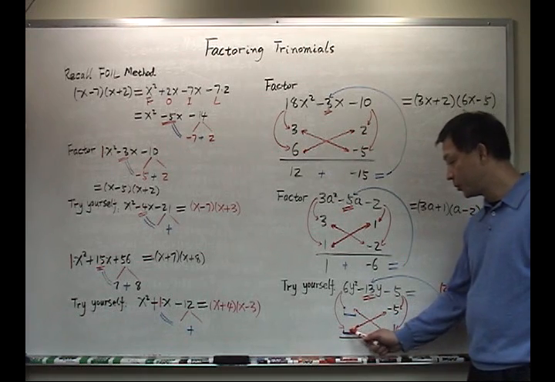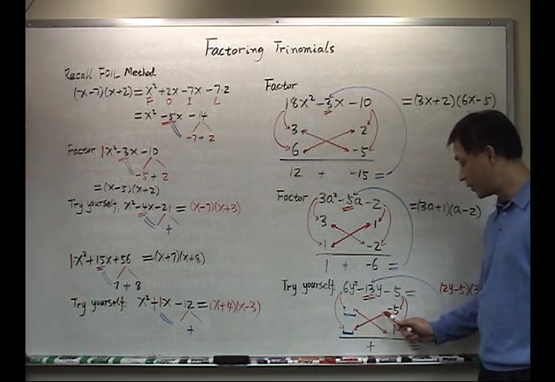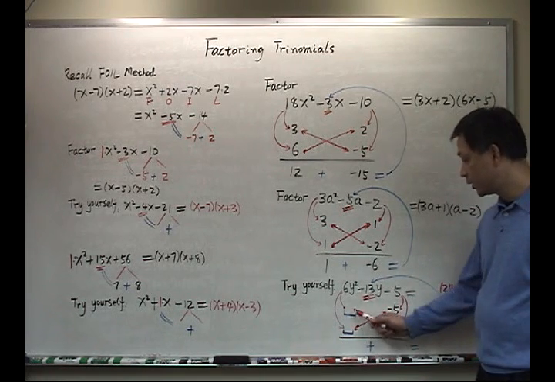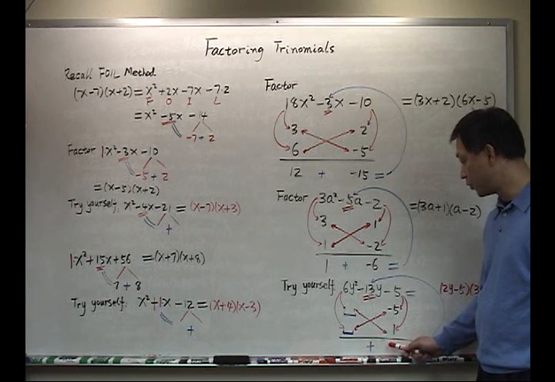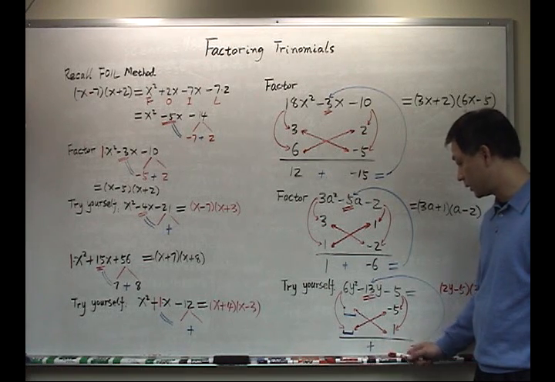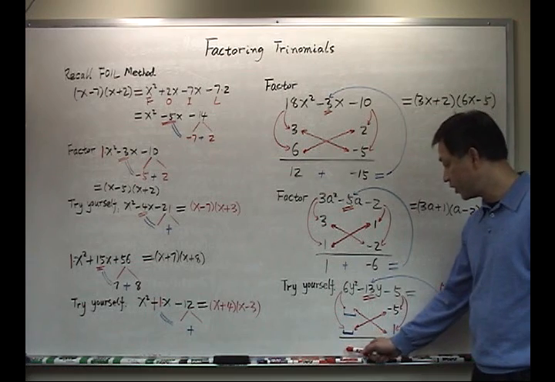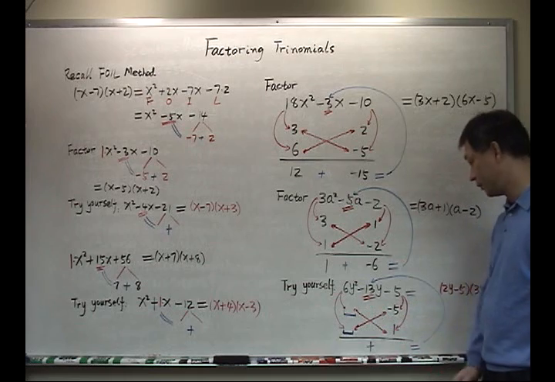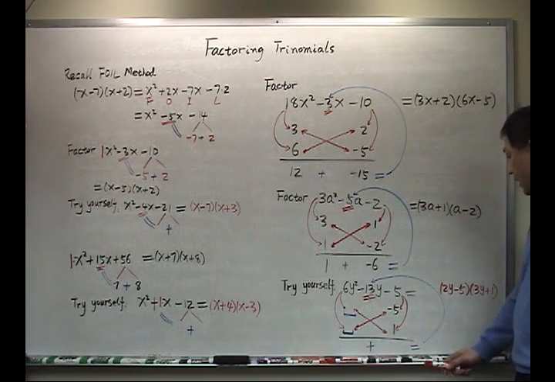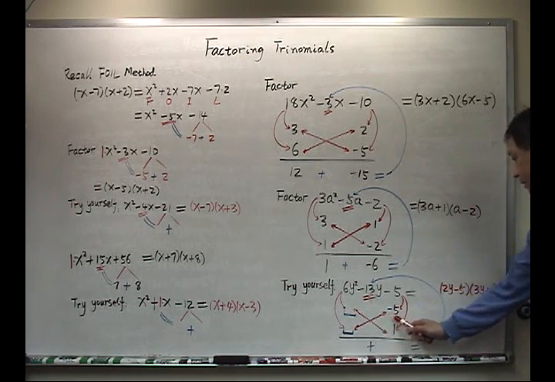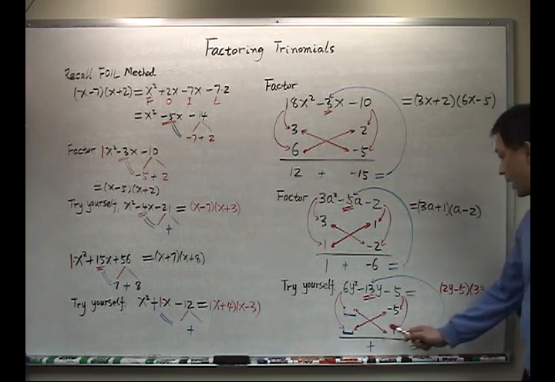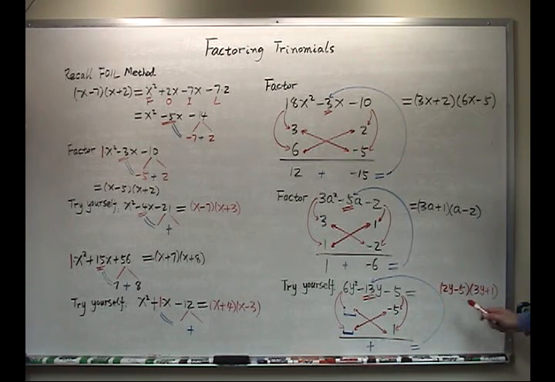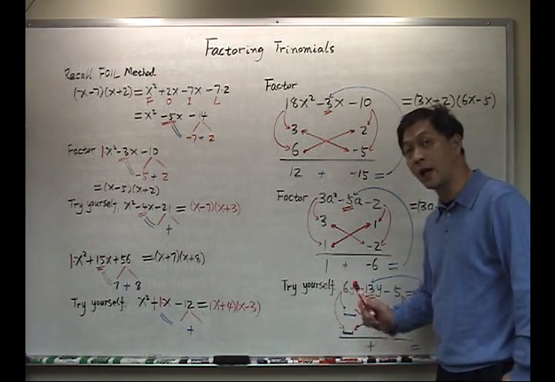I think you should put 3 here, because 3 times negative 5 gives you negative 15. 2 times 1 gives you positive 2. Okay? So negative 15 plus positive 2 together, you have negative 13. Then you should have 2y minus 5, and then 3y plus 1 right here. That's the final answer. So finish this one yourself.